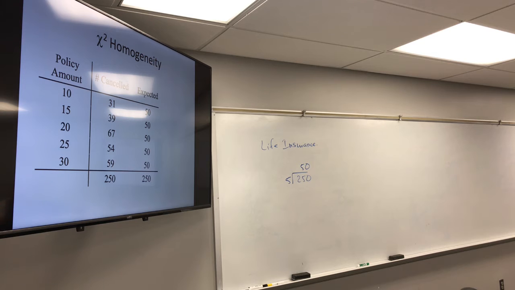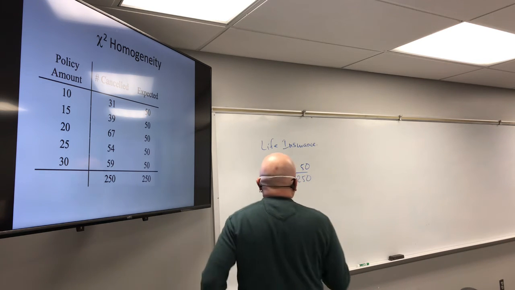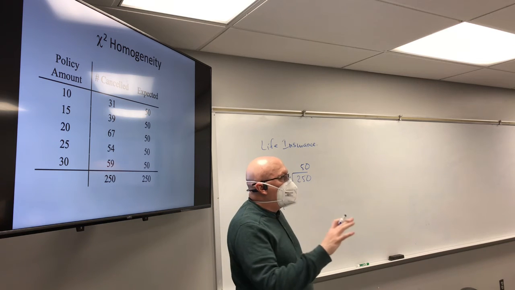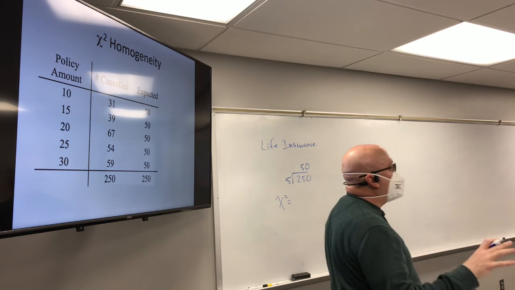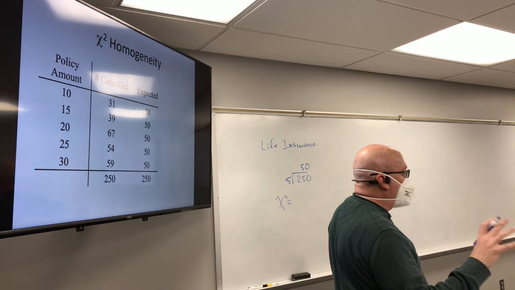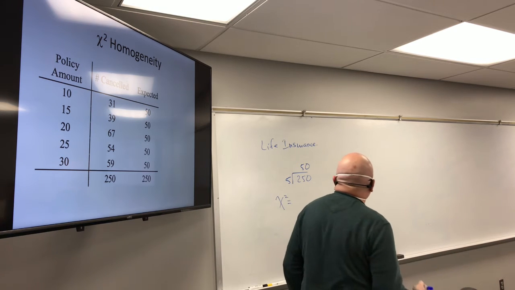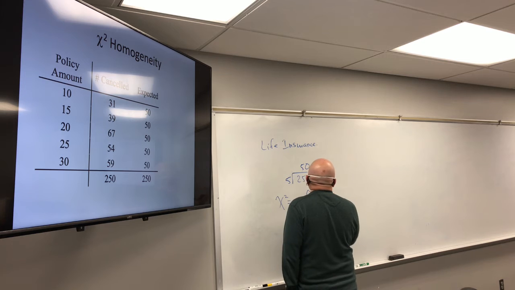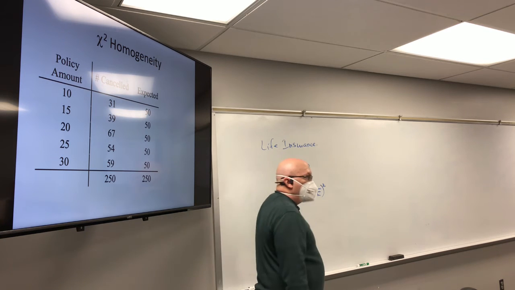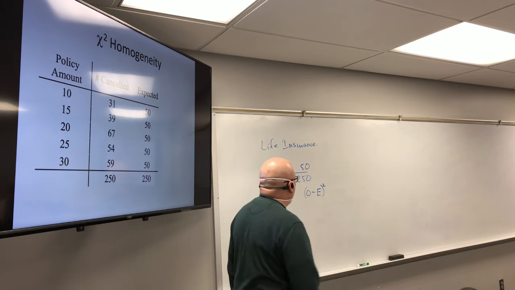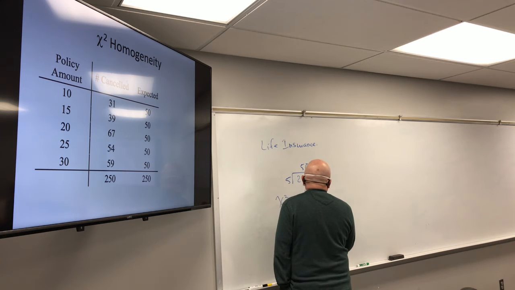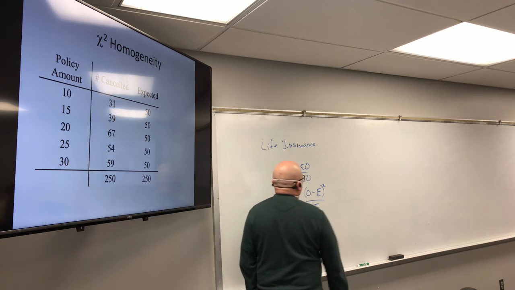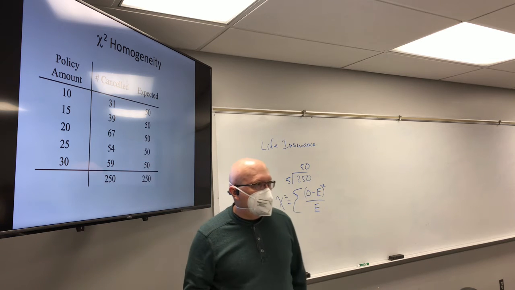Now the way the chi-square test works is you calculate the statistic the same way for any chi-square that you ever do. So just learn it. It is the observed minus the expected, squared, divided by the expected, and then summed up across however many categories you have.